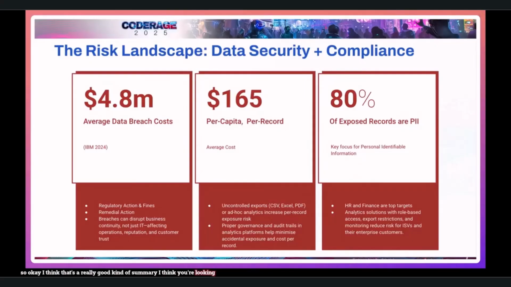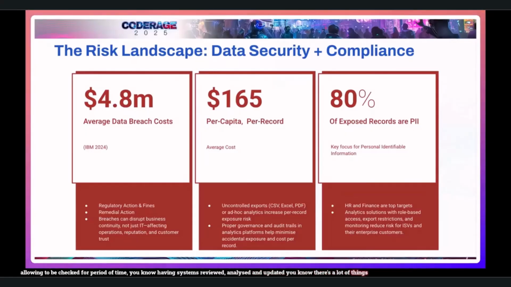Looking across what's been happening with some of this legislation in the last few years, IBM did a really nice report recently, back in 2024. They averaged out that the cost of a data breach worked out to be around $4.8 million for an organization. And that was bundled up from regulatory action and fines, remedial action that they need to take in terms of the people who had their data exposed, putting them on credit reports and allowing them to be checked for a period of time, having systems reviewed, analysed and updated.